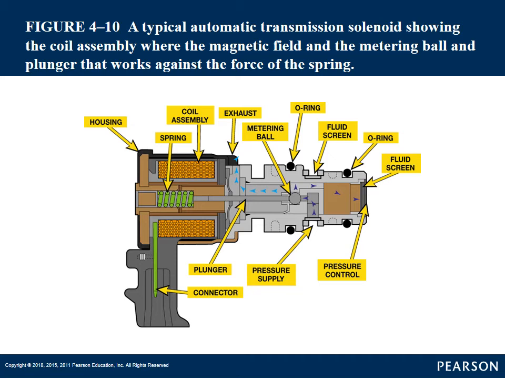Depending whether it's normally open or normally closed, and we'll talk about that, will dictate exactly how that solenoid controls fluid pressure. But the basic concept of all of our solenoids is we're using an electric coil assembly to create a magnetic field to move a plunger to control fluid pressure.